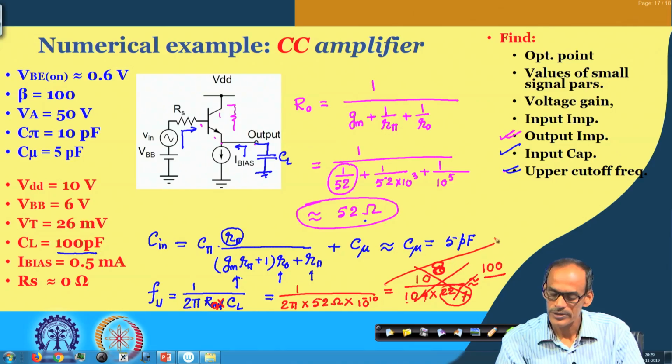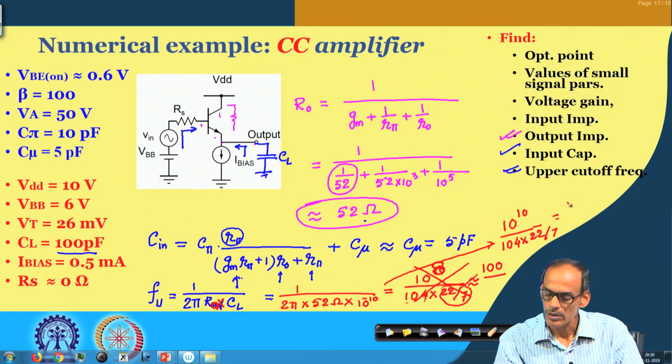So, what we have here is 10 to the power 10 divided by 104 multiplied by 22 divided by 7. Roughly this is 100 multiplied by 7 divided by 22 megahertz.